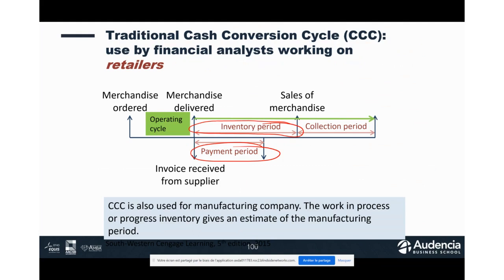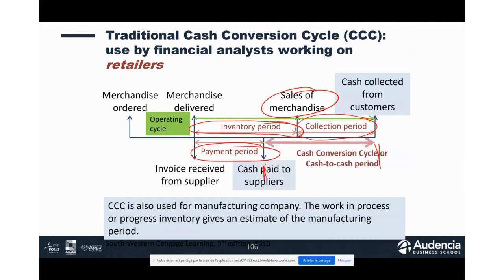After it's sold, they wait for the customer to pay. So generally it's cash paid or cash received, so the collection period can be very low. And the difference between the moment they have to pay the suppliers and the moment they collect the cash from the customers, we name it the cash conversion cycle.